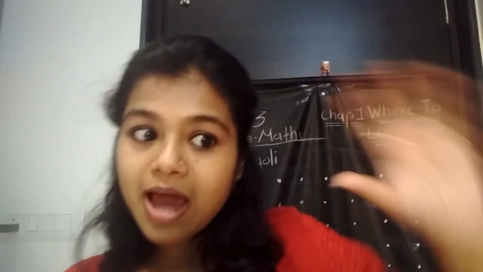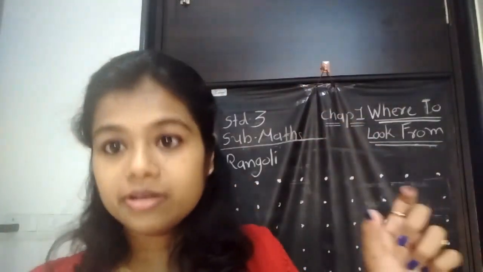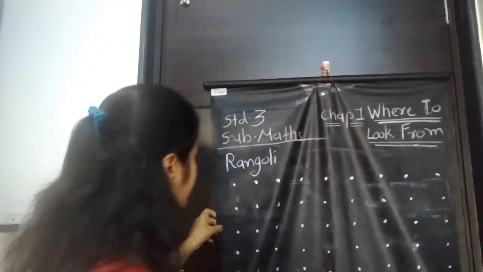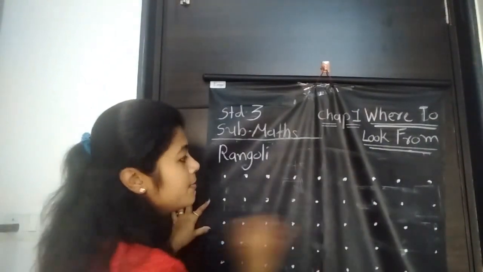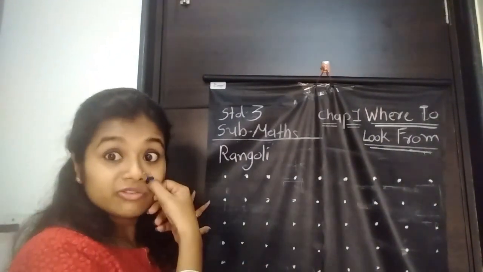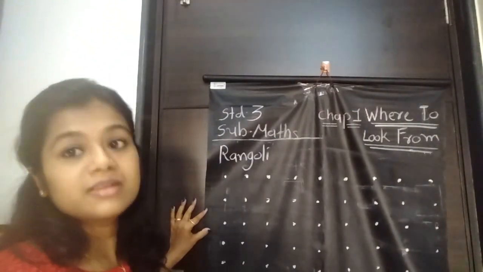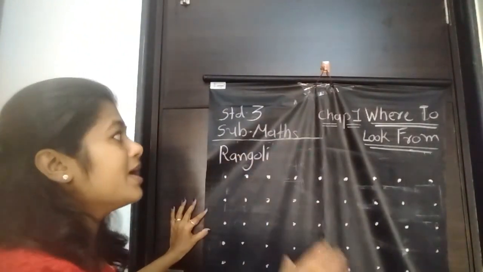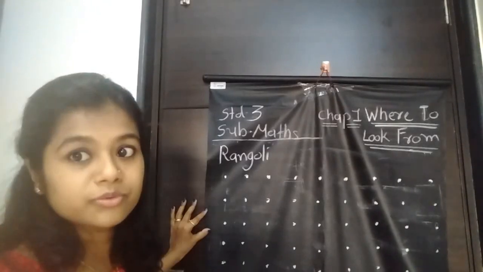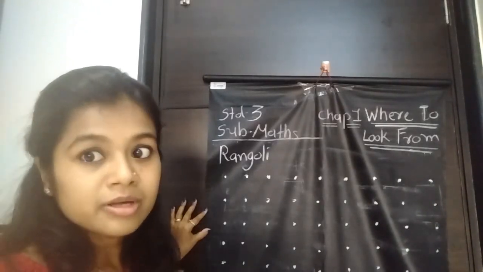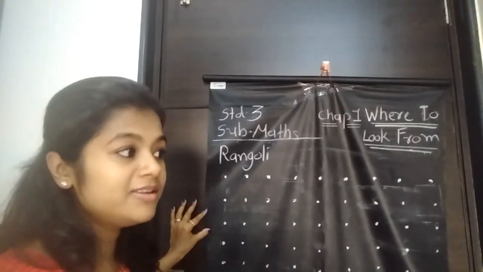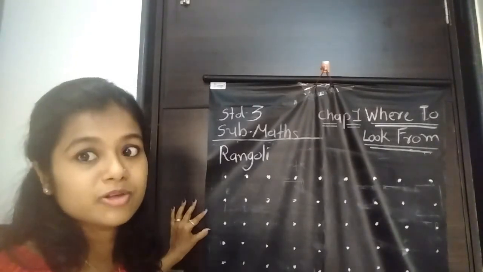Actually, it's an art, but a calculated art. Here we are making Rangoli using dots, so it is very necessary to count the dots properly and make the pattern beautifully. It will make your work easy and less time consuming.